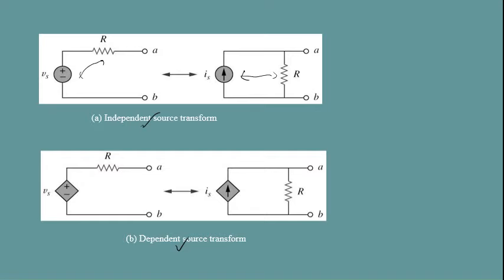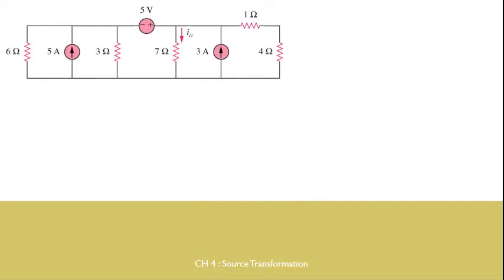And if you have a dependent source in series with a resistor like this, you can transform it into a current source in parallel with a resistor like this, vice versa. So current source into here, or voltage source into this, so vice versa. Okay, let's go to the practice.